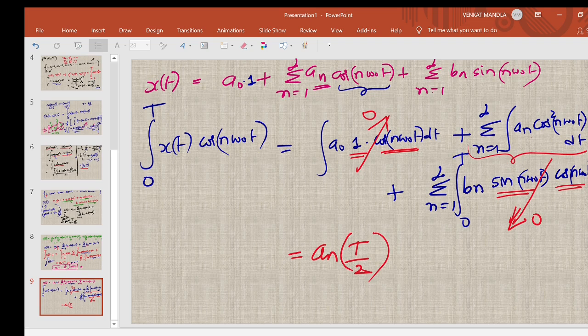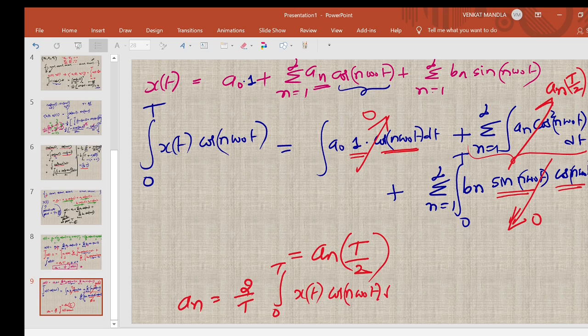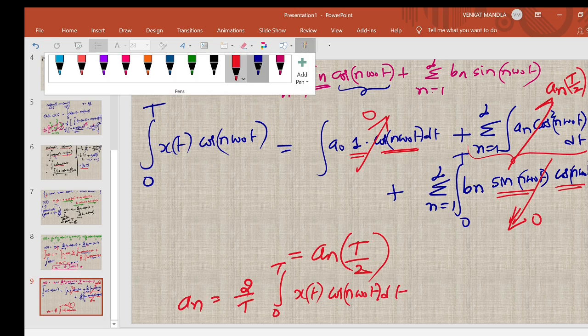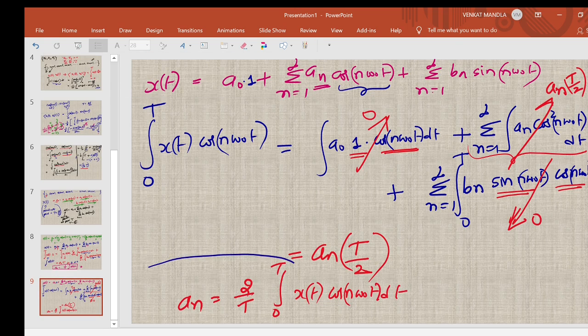You got this one: an into T by 2. From this, an equals 2 by T integral 0 to T x of t cos n omega naught t dt. This is an.